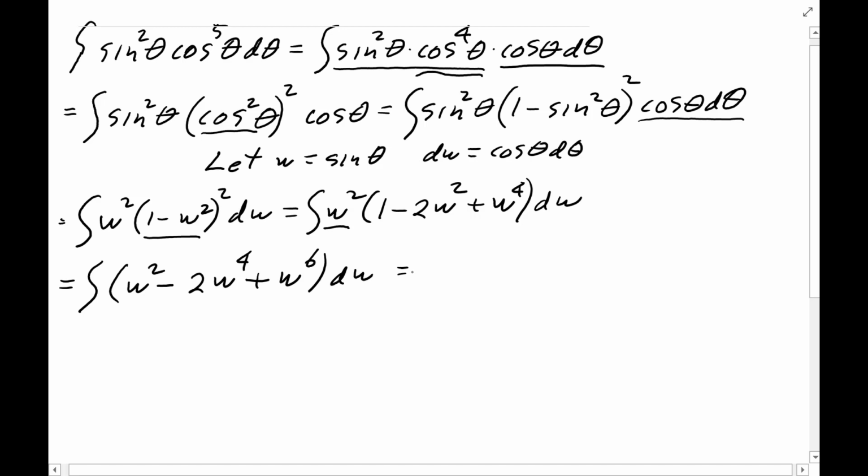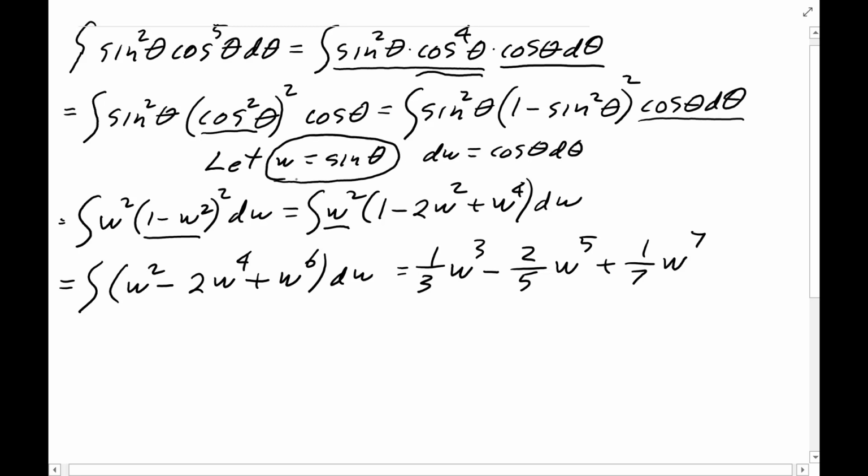And now we just use the reverse power rule to get the antiderivatives. And we get 1/3 w cubed minus 2/5 w to the 5th plus 1/7 w to the 7th. And then we replace all of our w's with the sine of theta.